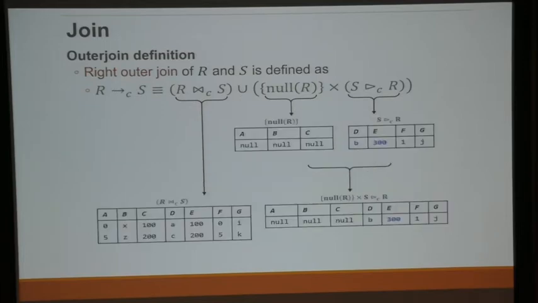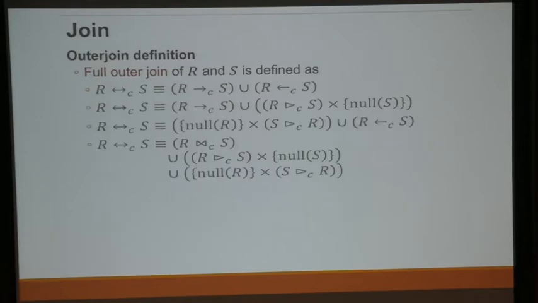The interesting thing is the outer join. You can have multiple definitions, because we work in terms of sets. You can union the left outer join and the right outer join, and if you union them, you get the full outer join. Or you can use the definition of the dangling tuple union with the right outer join.